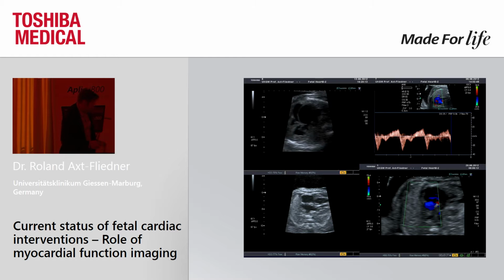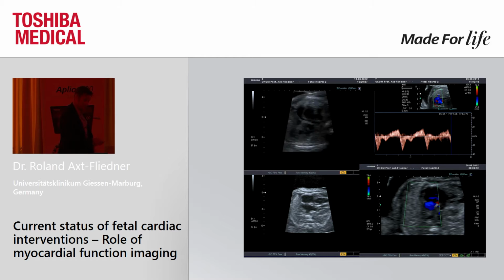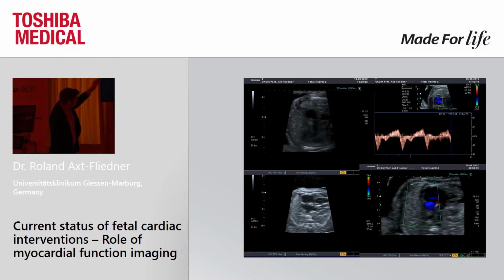And this was a case we have done before the implementation of the myocardial function analysis with Toshiba. And this might be a case, for example, where these tools might be of additional value.